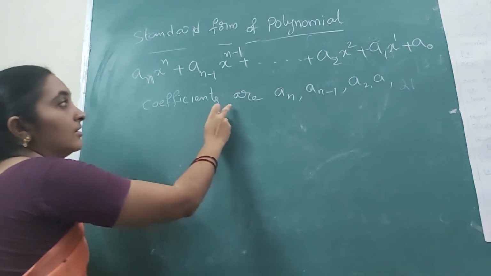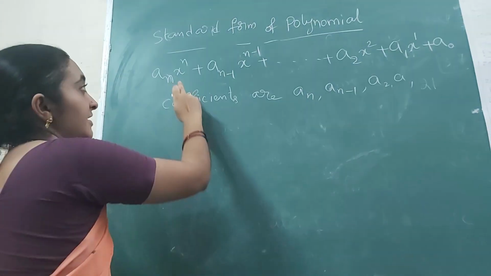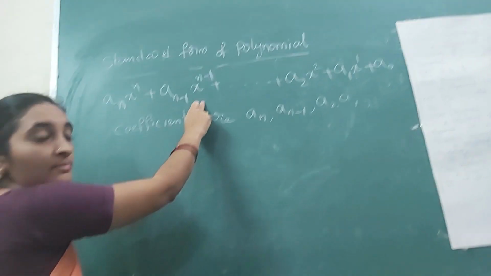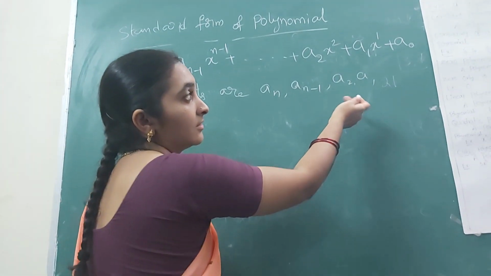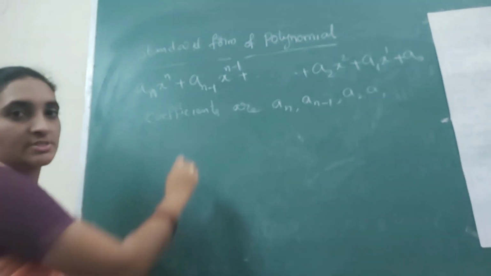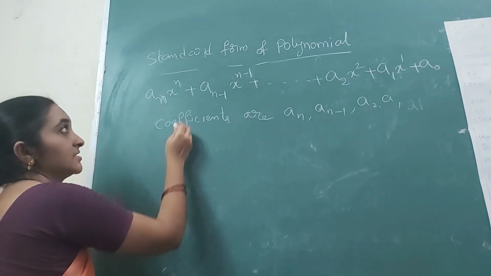These are the coefficients of x power n, x power n minus 1, up to x square and x power 1. The variable is x.